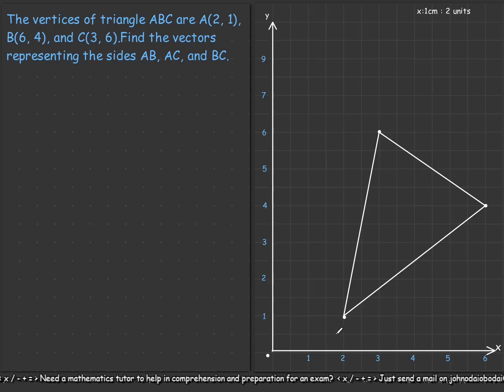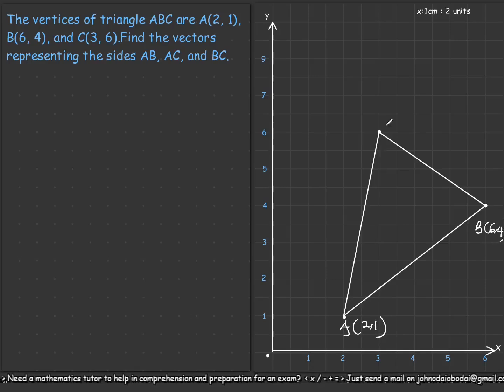So remember, this side here was our A, which was (2, 1). Then this, which is (6, 4), was our B. And then the C, which was (3, 6). Now back to the question.